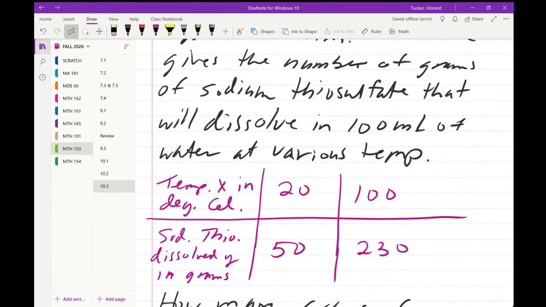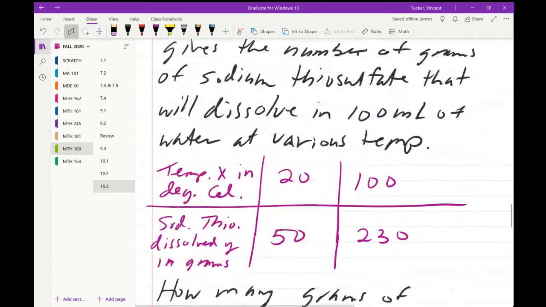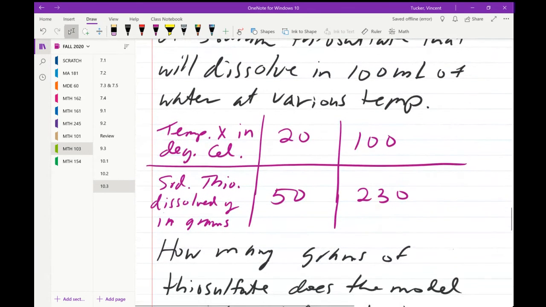So we have two points, two x and y sets, two ordered pairs: (20, 50) and (100, 230). Very similar to what we just did, but in word problem form.